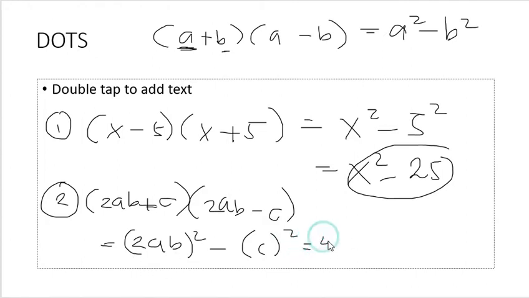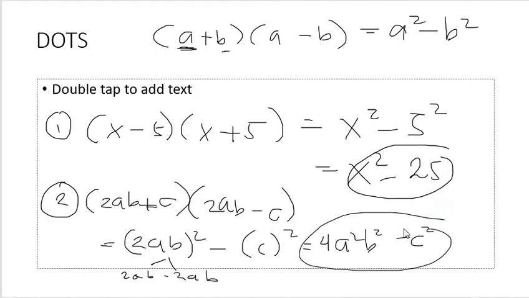So 2ab times 2ab is 4a squared b squared, and then minus c squared. You need to be careful, especially in multiplying factors and in adding the exponents of your terms. Alright, so this is the difference of 2 squares.